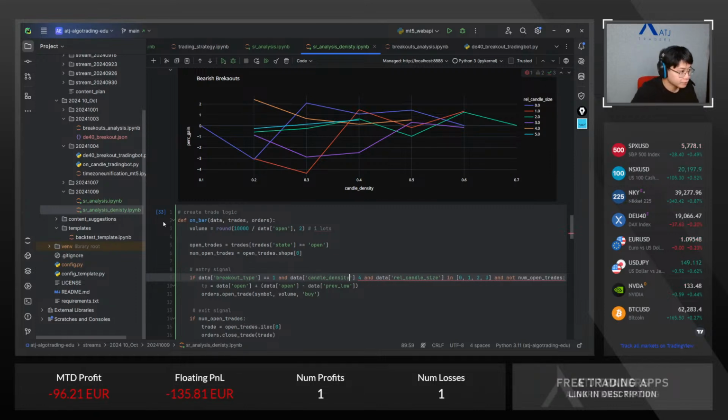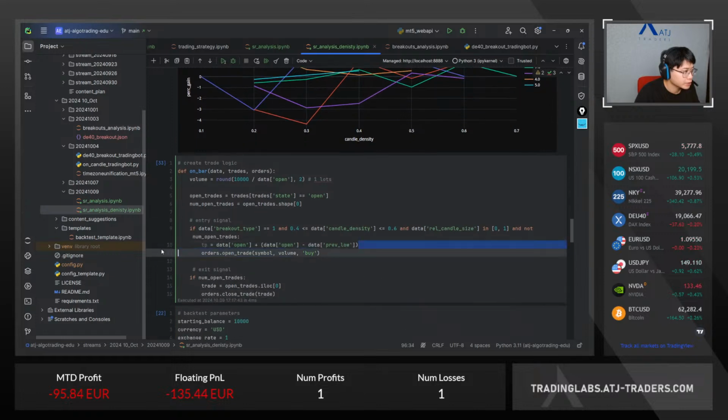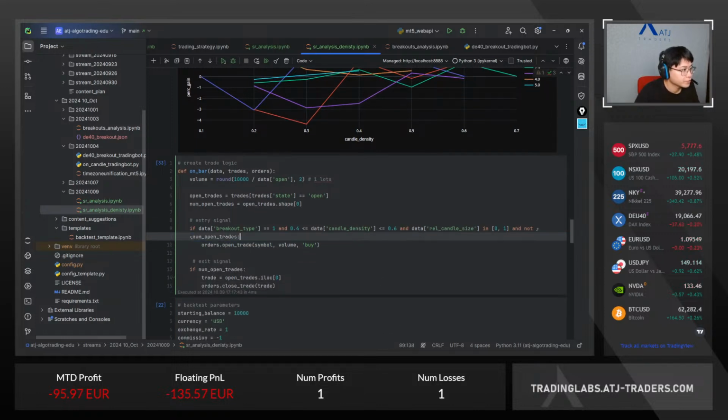Candle density is less than or equal to 0.6 and is greater or equal to 0.4. And the relative candle size is between 0 and 1. And then we buy, we hold the trade for 1 hour, and then we close it and see what happens.